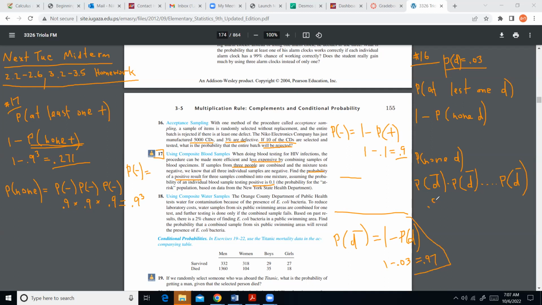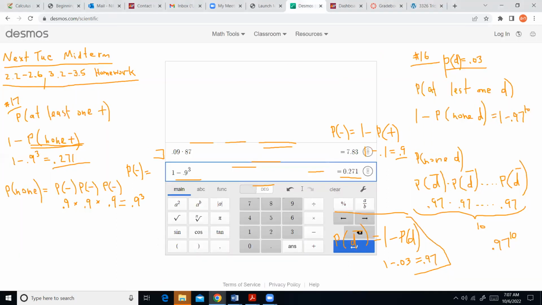So you take 0.97 chance for the first, 0.97 chance for the second, dot, dot, dot, 0.97 chance for CD number 10. So you multiply 0.97 with itself 10 times, and that's what you subtract from 1: 0.97 raised to the power of 10. Okay, so let us get the answer here.